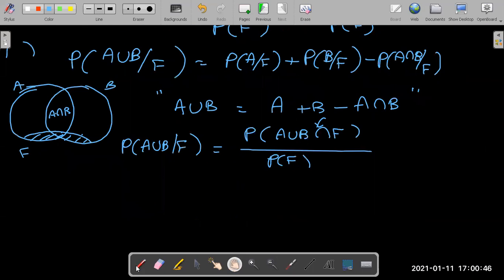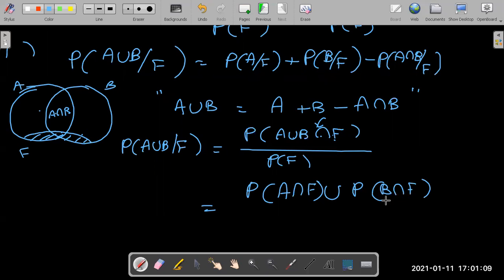When I use that intersection, you have to distribute F over both. So it is probability of A intersection F, with the union coming in between, and probability of B intersection F, divided by probability of F. This is the only step you need to remember.